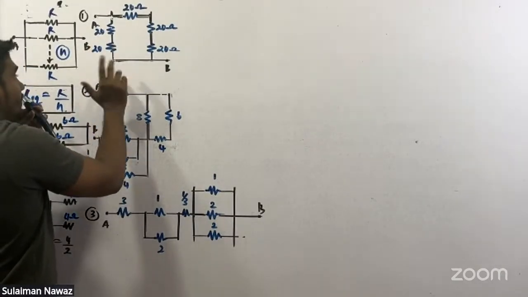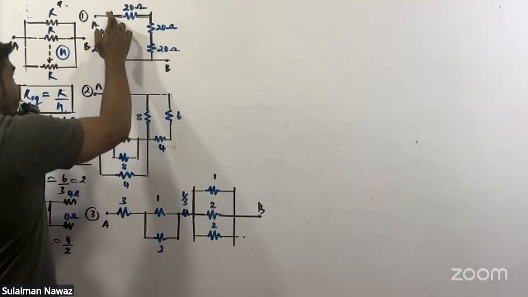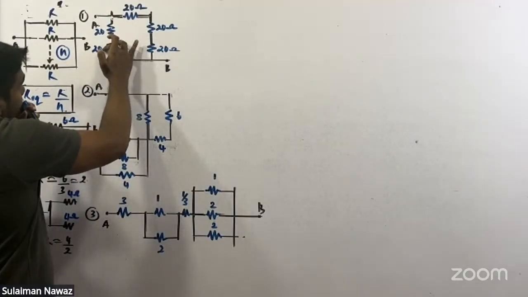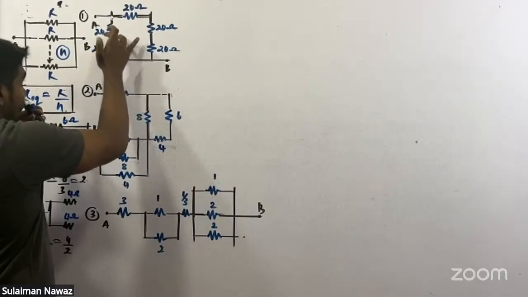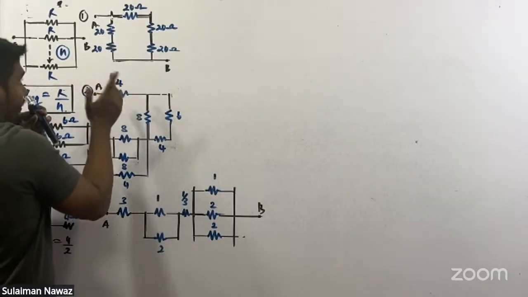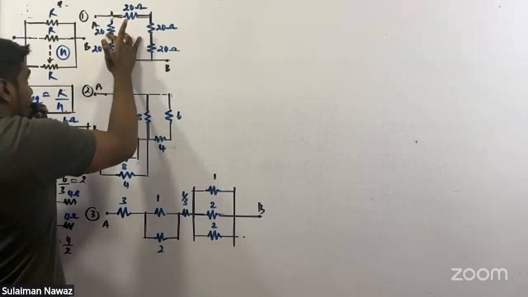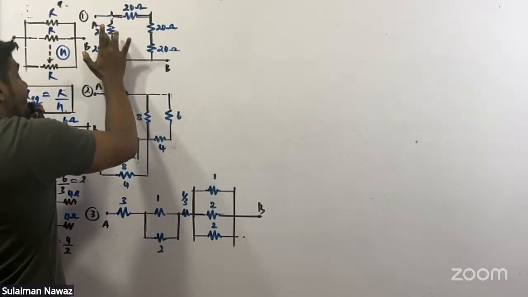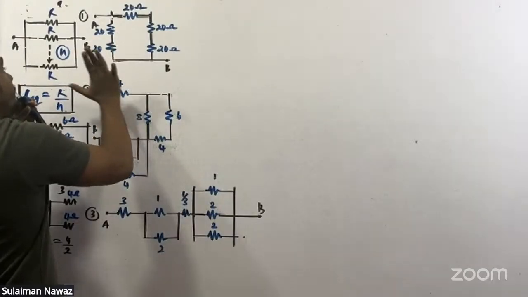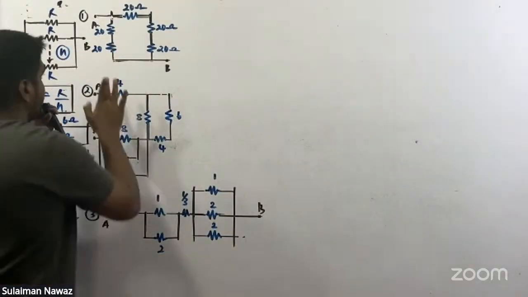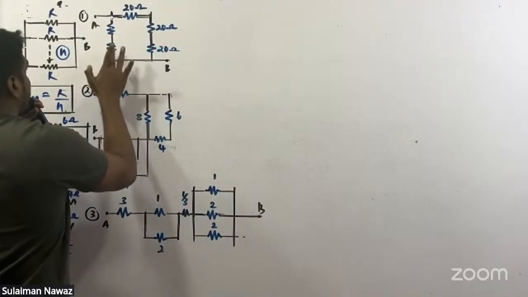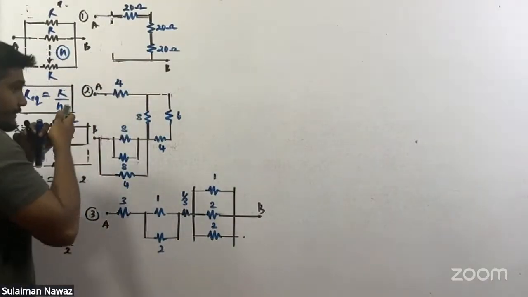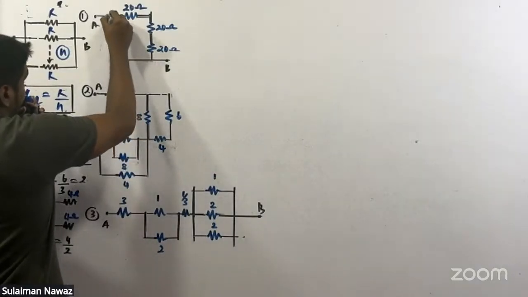In that case, the equivalent of these two will be 20 plus 20, 40. Right? What can I do? Rather than keeping these two, I can replace them by a single 40 ohm resistor.